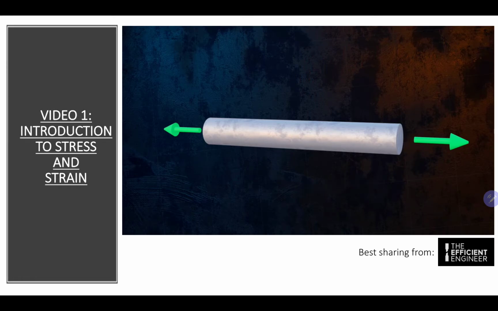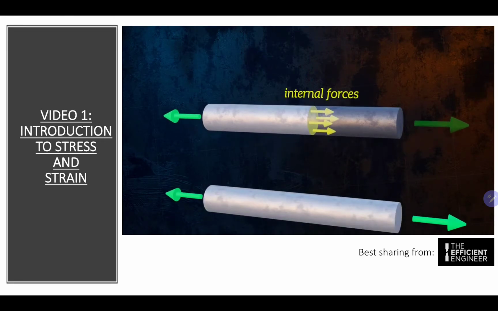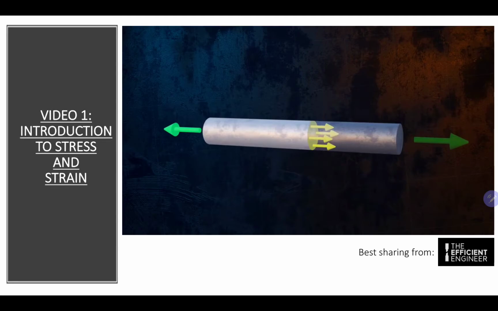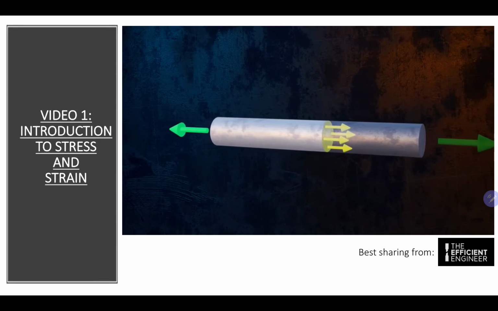We can expose these internal forces by making an imaginary cut through the bar. I chose to remove the right side of the bar, but I could have removed the left side instead. For any imaginary cut like this one, the internal forces develop in such a way that equilibrium will be maintained.